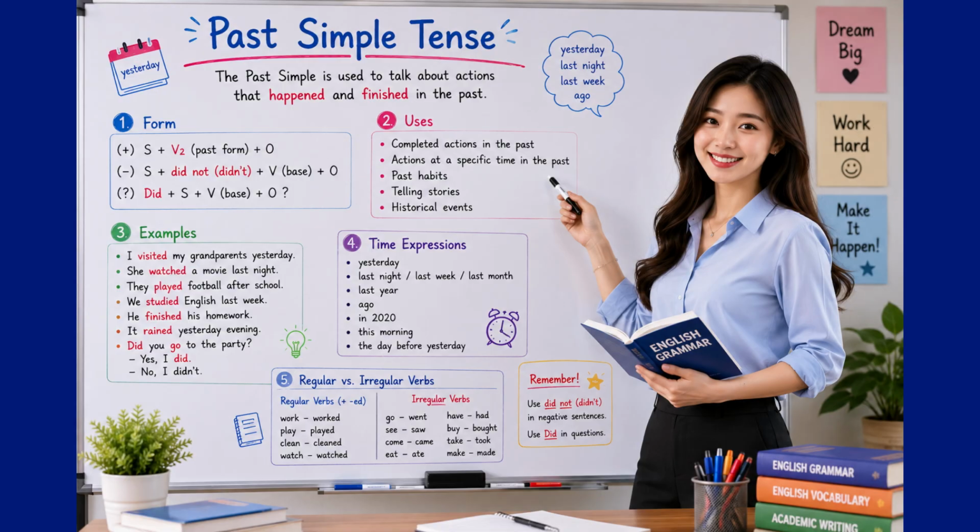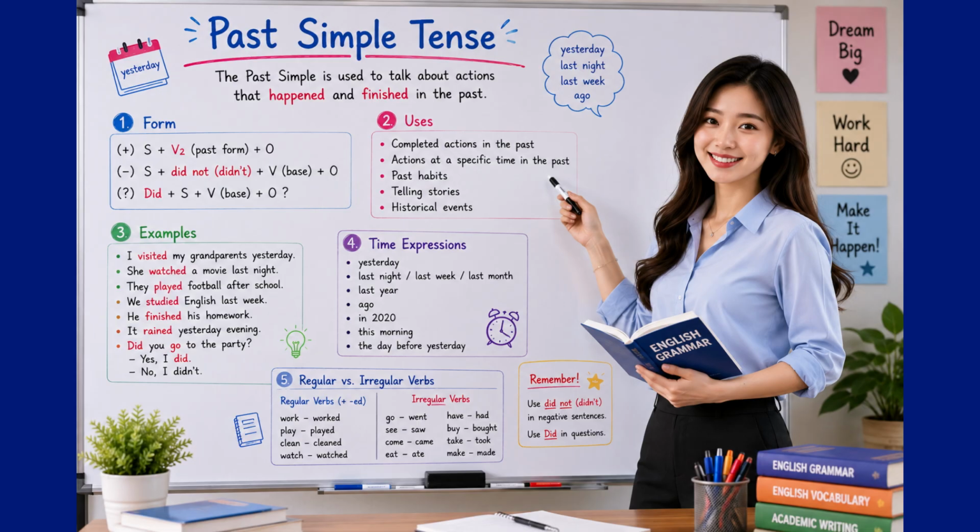The past simple tense is essential for speaking and writing about the past. It allows us to describe completed actions, past habits, historical events, personal experiences, and stories. We form positive sentences using the past form of the verb, negative sentences using didn't plus base verb, and questions using did plus subject plus base verb.